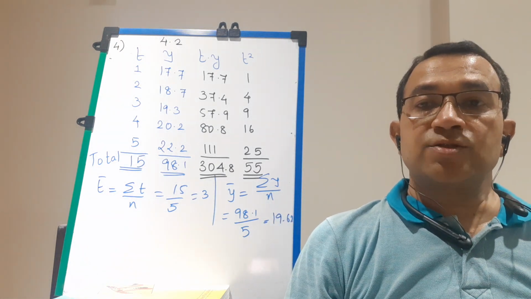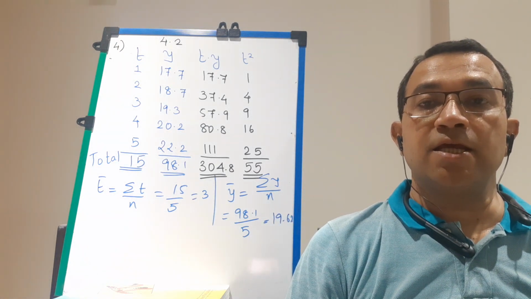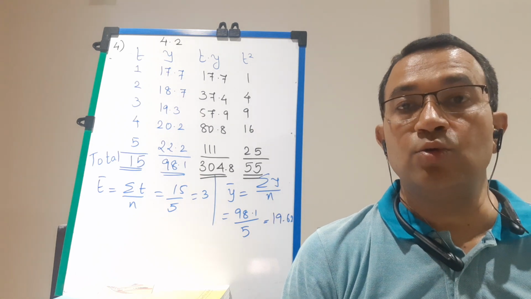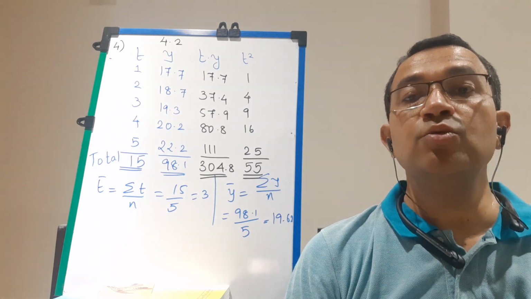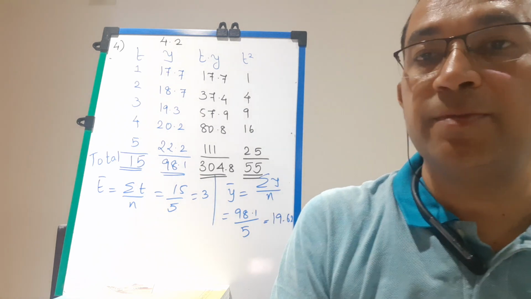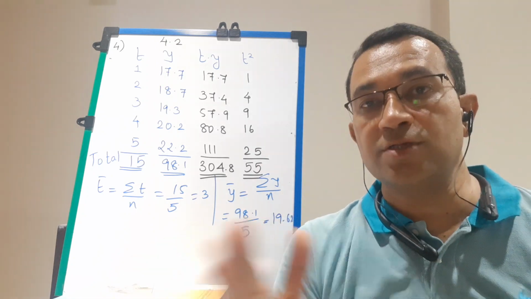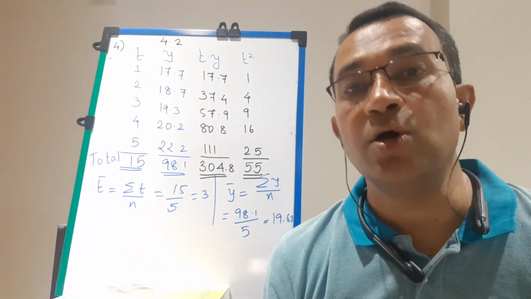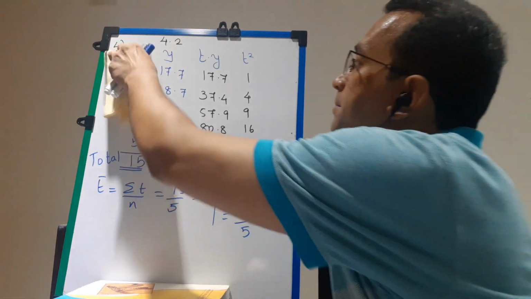Now students, as usual, the steps are, the trend line equation is Yt cap is equal to a plus b into t. Now I am erasing the table. I hope students you can easily write the table on your own.